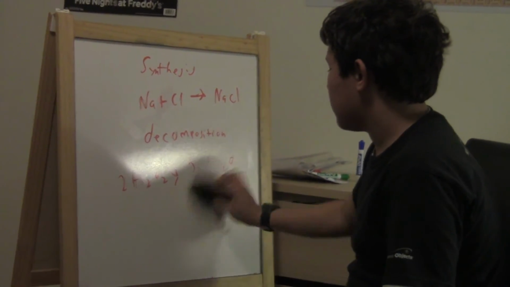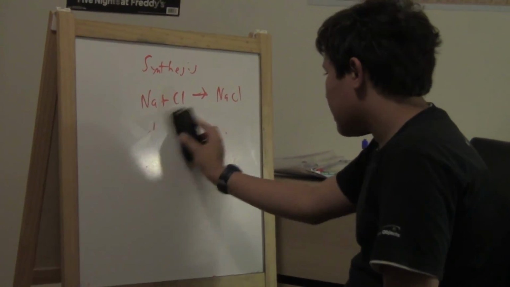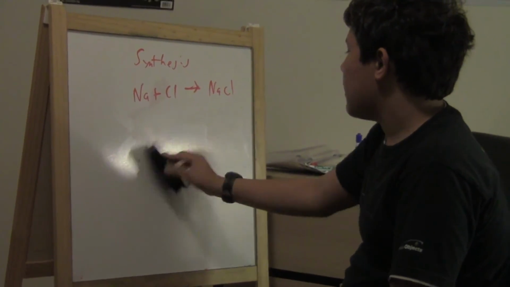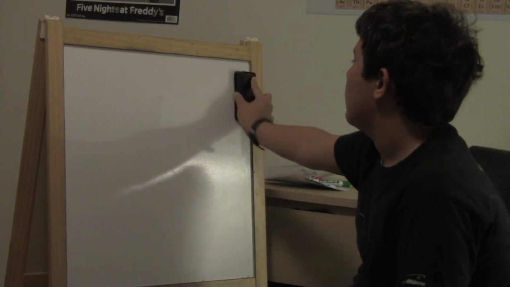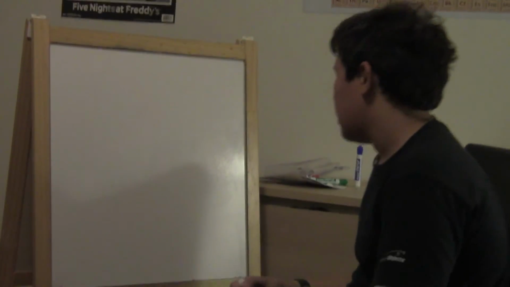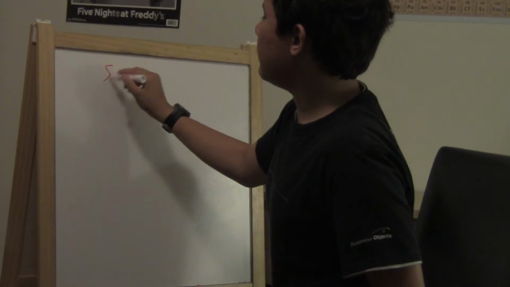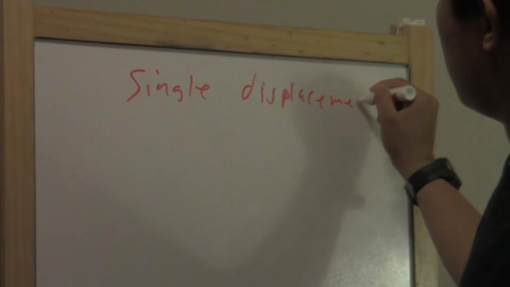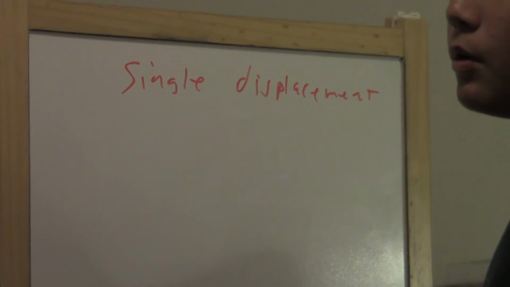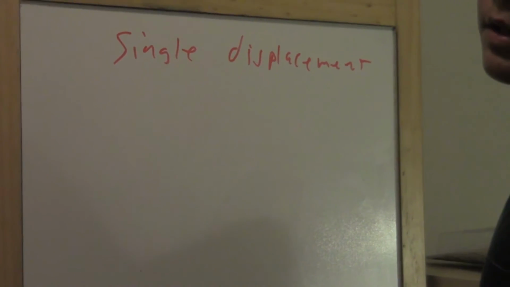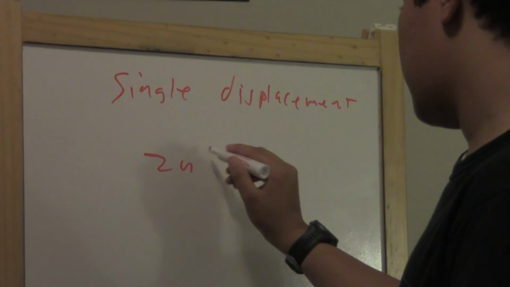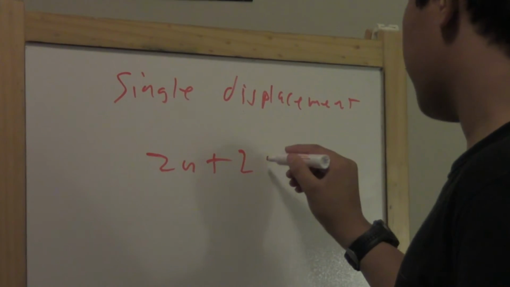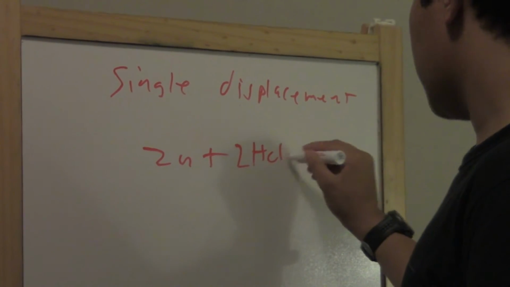And now that we got those down, let's go to some of the slightly more controversial types of chemical reactions. I'm going to start with single displacement. It's a bit hard to explain, so let me just write it down for you. So we have zinc and two molecules of hydrogen chloride.